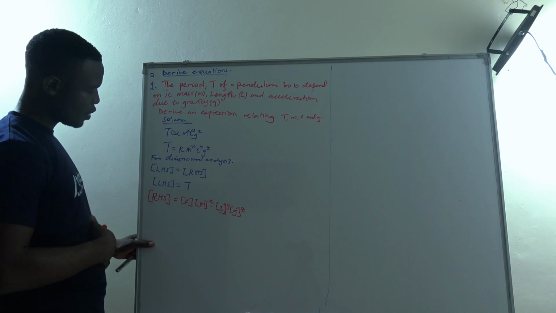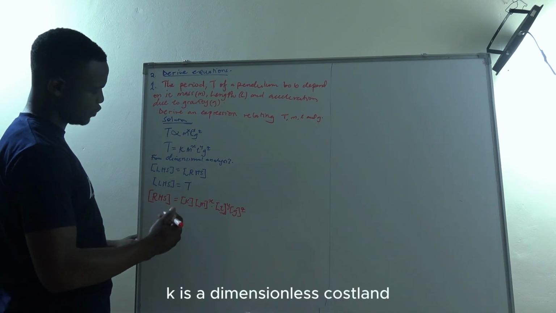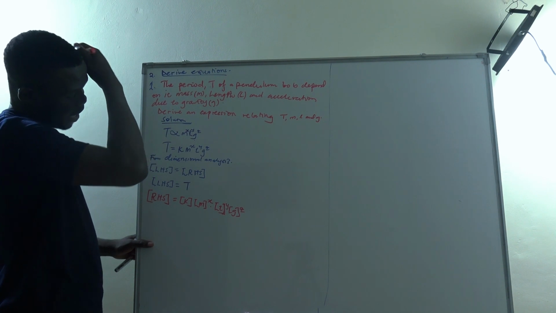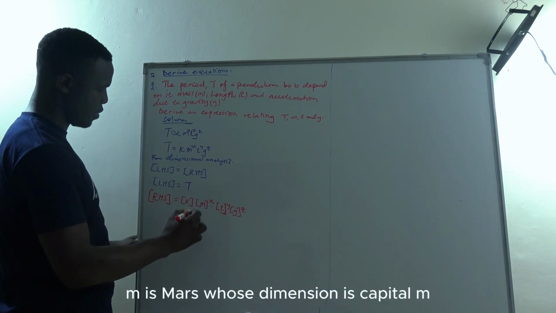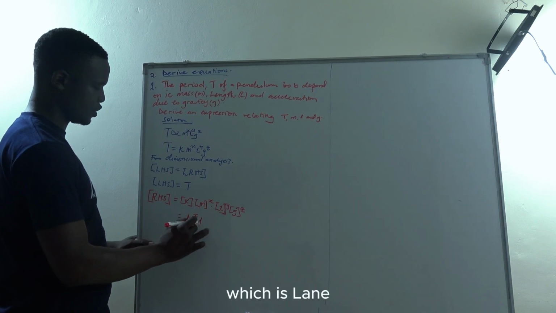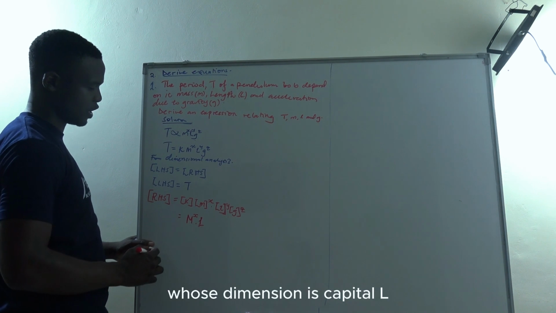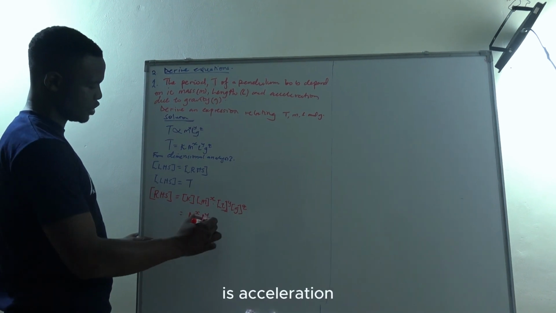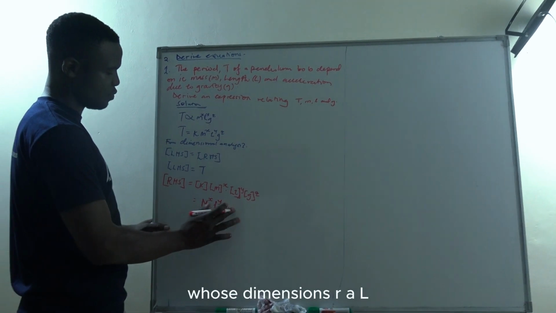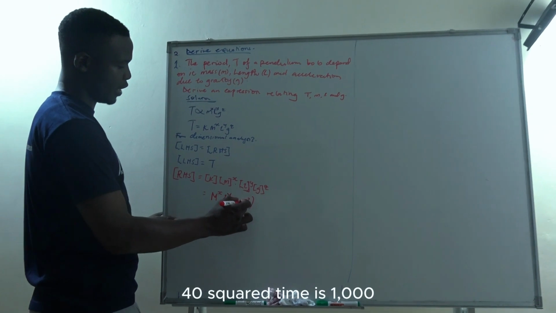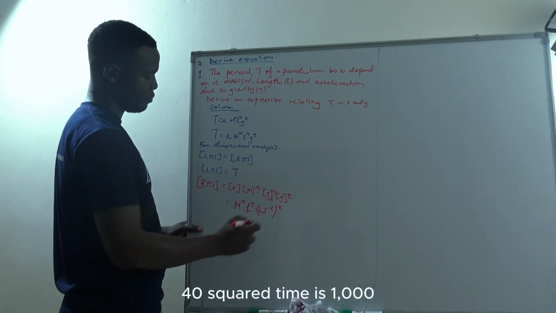Now, k is a dimensionless constant, so it will remain as k. m is the mass whose dimension is capital M, to the power x, times l, which is length whose dimension is capital L, to the power y. Then g is acceleration, whose dimensions are L per T squared, to the power z.